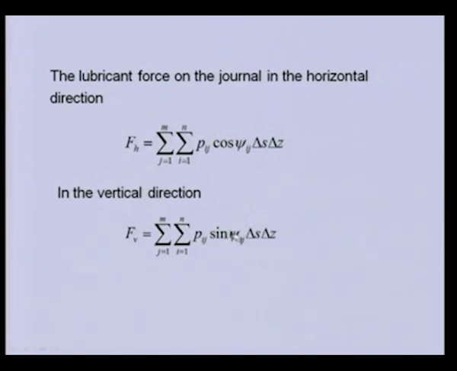Basically the weight acts in the downward direction, but there is as such no horizontal force. So we need to find these pressures iteratively using the previous recursion relation, such that this force is equal to the weight of the journal, but this should be 0 because there is no net force in the horizontal direction.